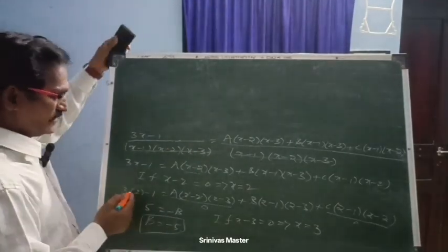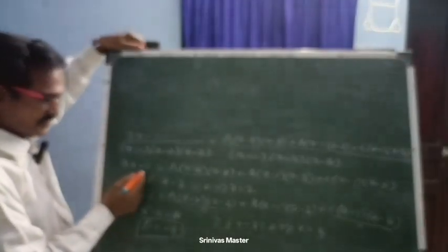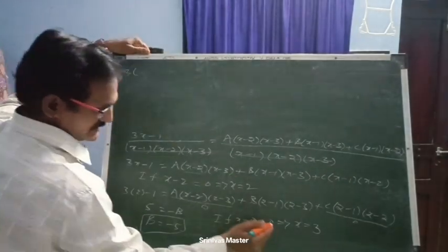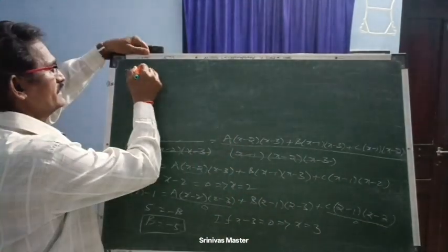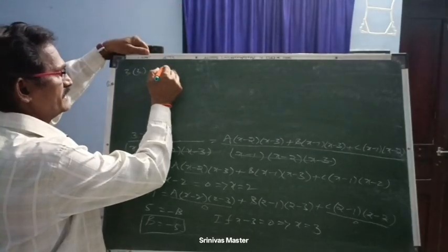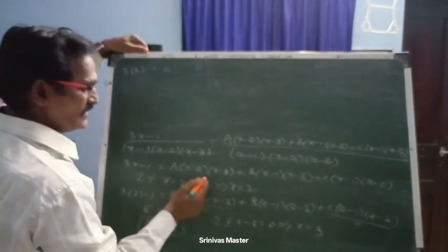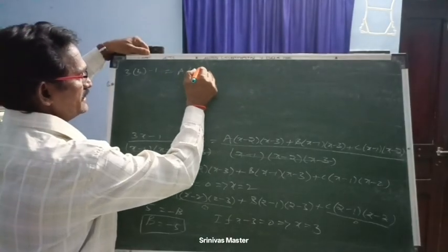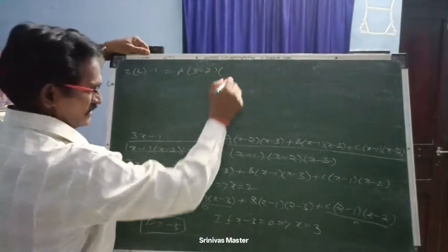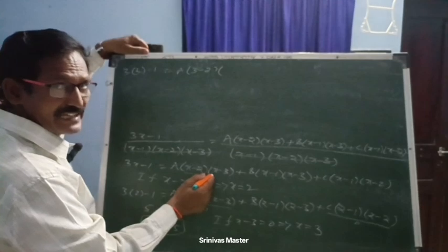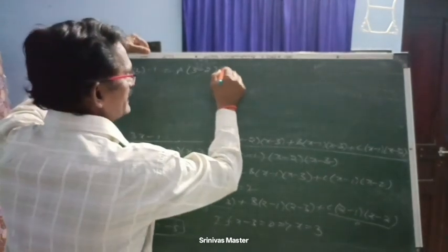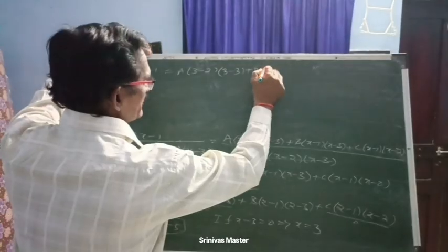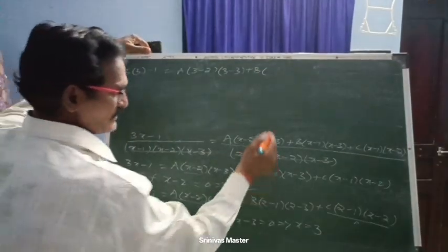See children, this is the main equation, no? Okay, now 3x minus 1, 3 into x. What is the x value, children? 3. 3 into 3 minus 1 is equal to a into x minus 2. a into x means 3, 3 minus 2, into what is given? x minus 3, no. That means 3 minus 3, plus b into x minus 1.